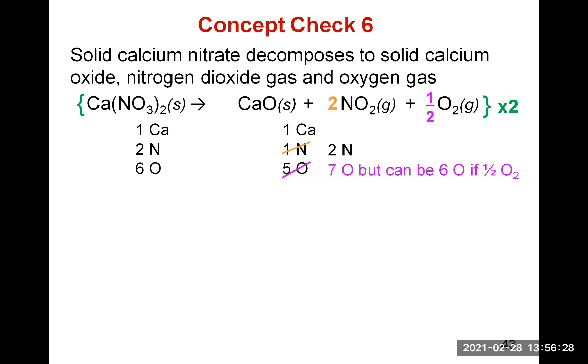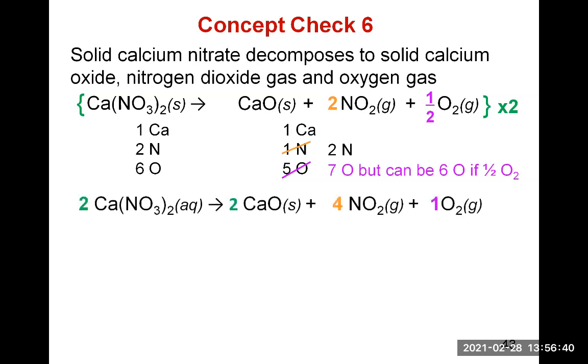So let's rewrite the equation now with twice the coefficients. So in front of Ca(NO3)2, it's going to be 2. In front of CaO, it's 2. And then 2 times 2, it's going to be 4 in front of NO2. And then 1.5 times 2, it's going to be 3 in front of O2. So that looks like what we have below.